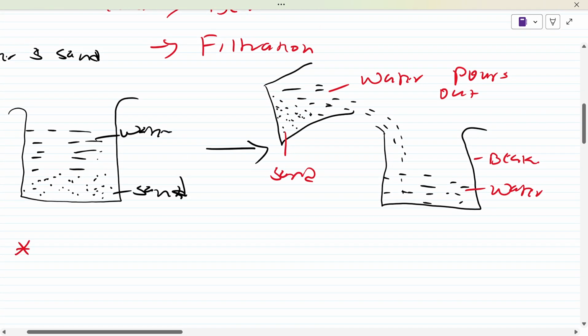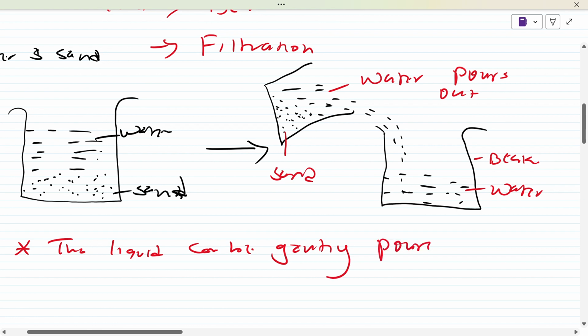So what do I say? When using decantation, the first thing that we need to know is that the liquid can be gently poured out, while the solid remains in the beaker.